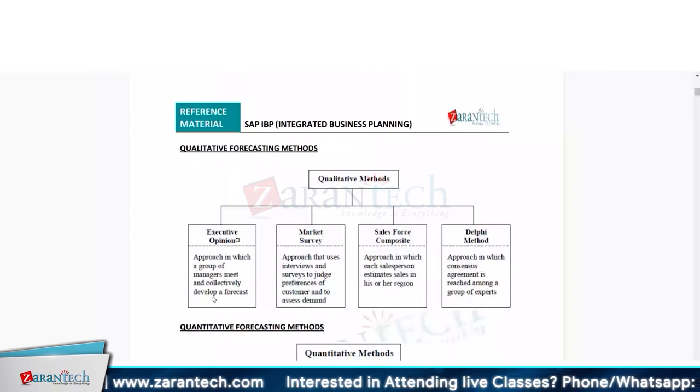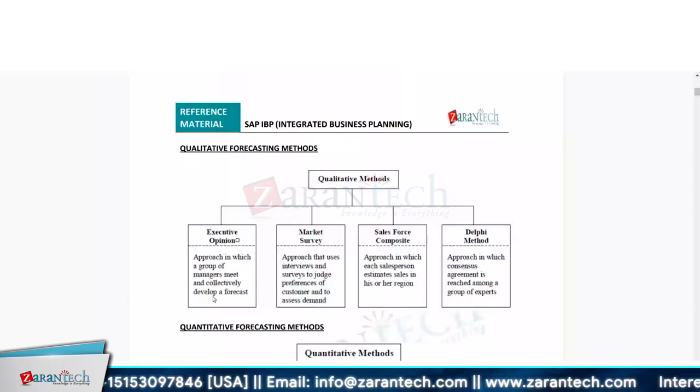So at the end of the process, both the sales team as well as the supply chain team are in agreement on a particular number for a particular product as a forecast for its future. I think this is also widely used in practice. So in a nutshell, this is how the qualitative forecasting method basically works.